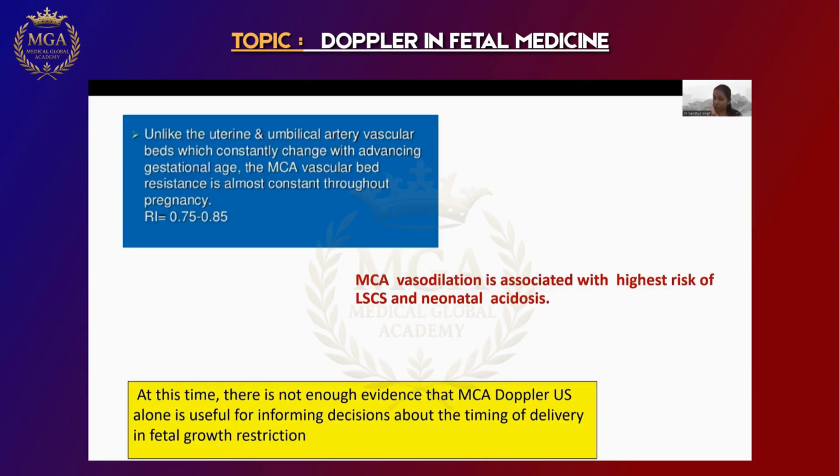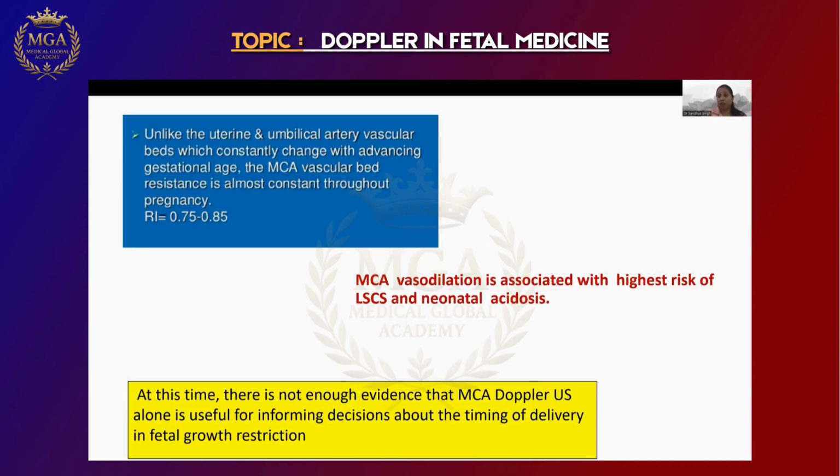In late onset FGR, the baby cannot compensate because the amount of oxygen required by the brain is too much, at around 34, 36 weeks. The baby wants oxygen. And at that moment, if you see an abnormal MCA or CPR, you are going to intervene.